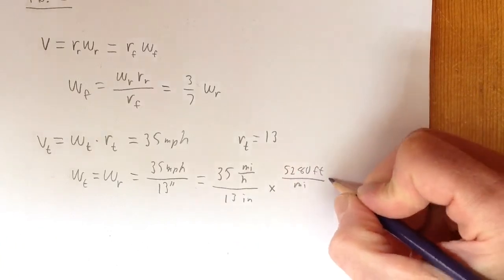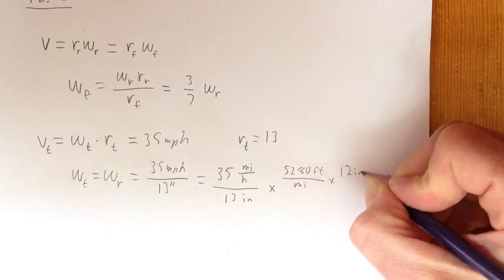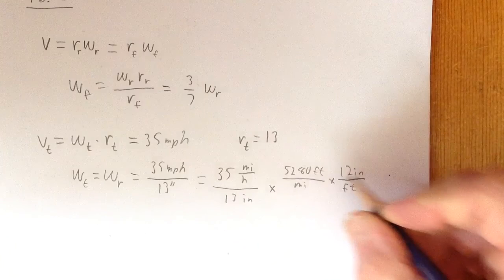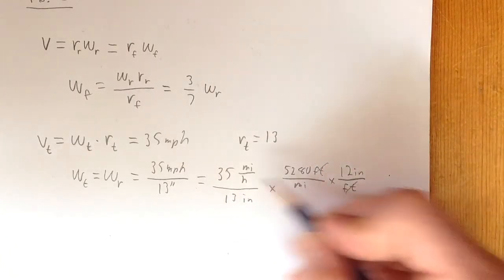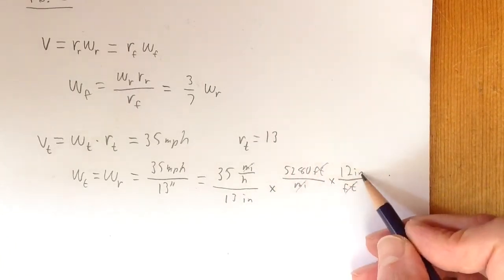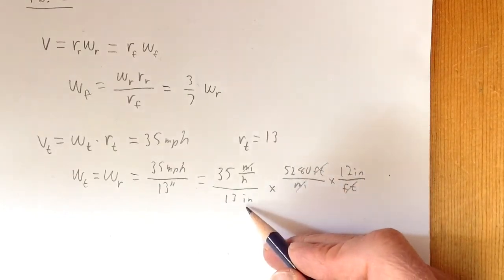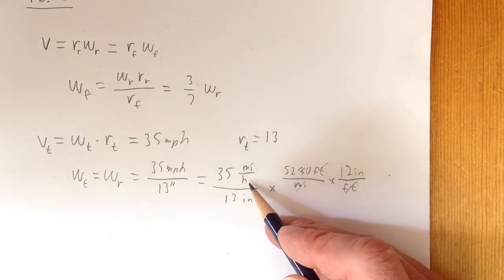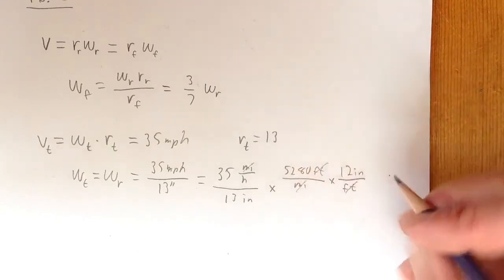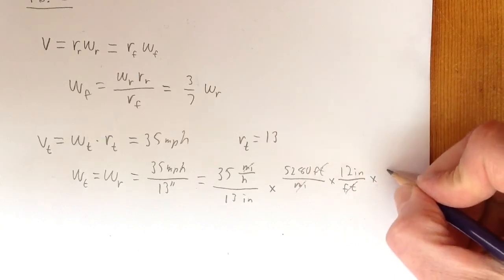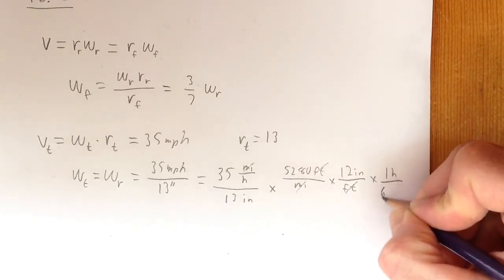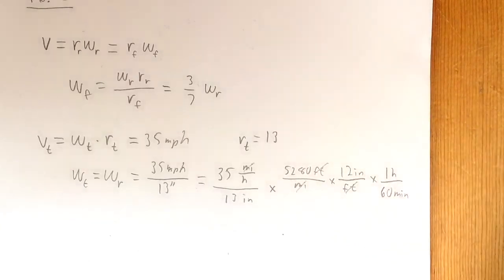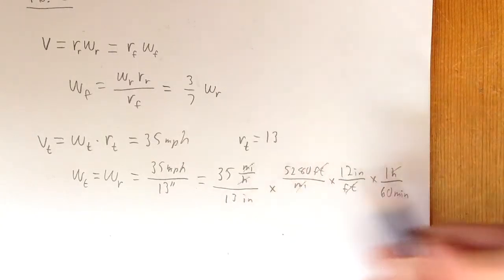The miles cancel. Times 12 inches per foot. Now the feet cancel, and we're left with inches on the top and inches on the bottom, which cancel too. But we still have an hour on the bottom, so we want to change that hour to minutes. Times 1 hour is the same as 60 minutes, and now the hours cancel, so we know we did it right.